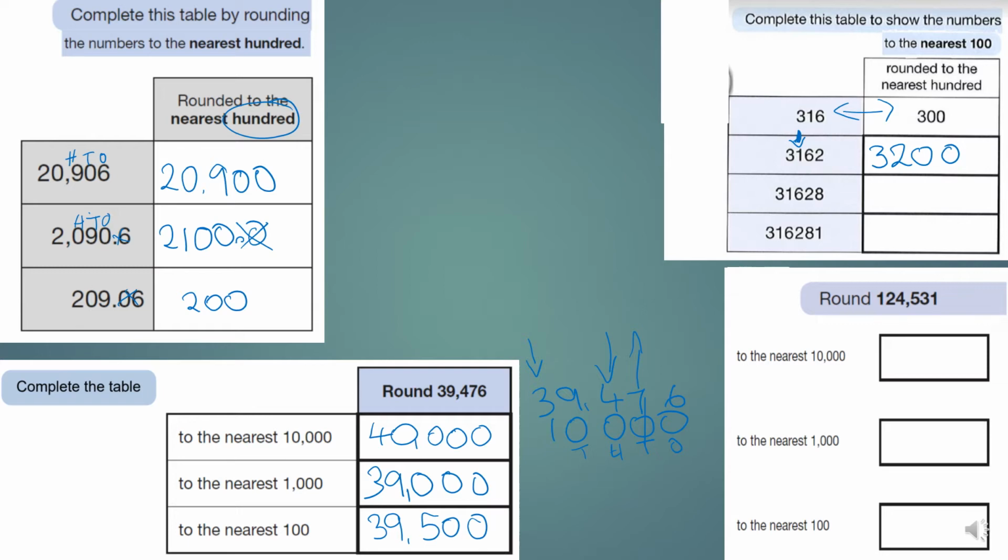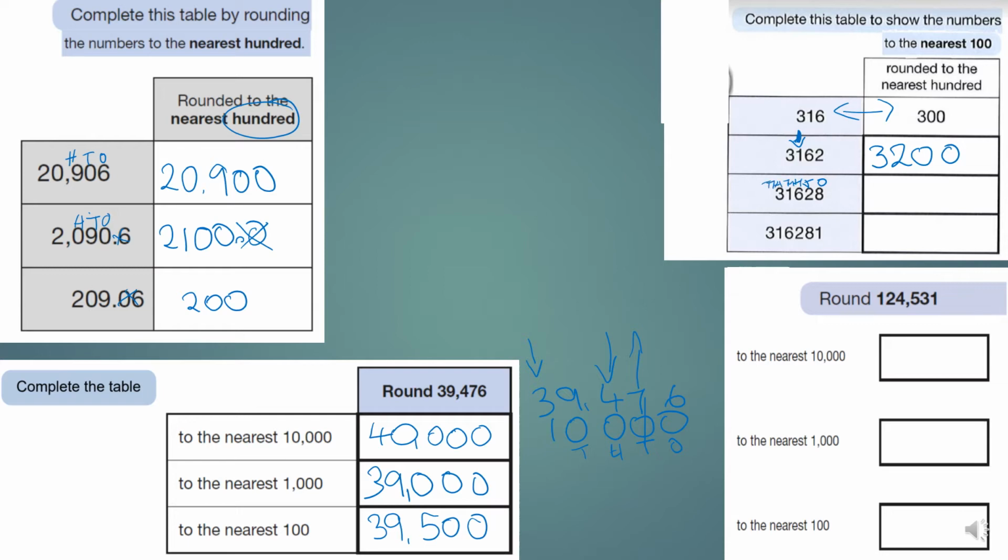Then we have 31,628. So we have our ones, our tens, our hundreds, our thousands and our tens of thousands. Sorry, you can't see that. So it'll be our ones, our tens, our hundreds, thousands and our tens of thousands.